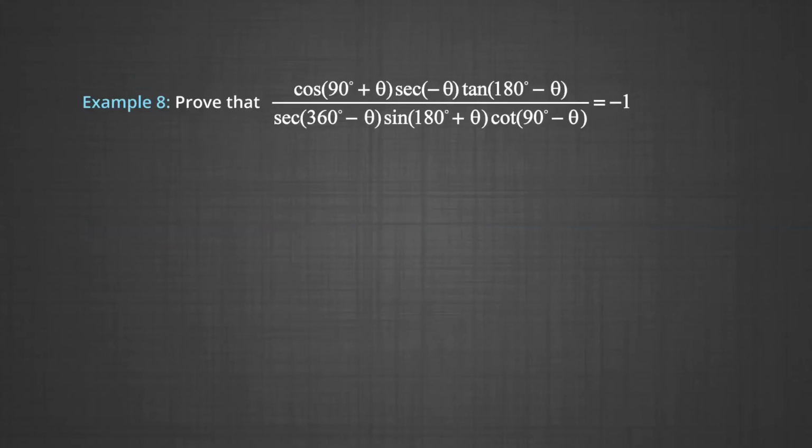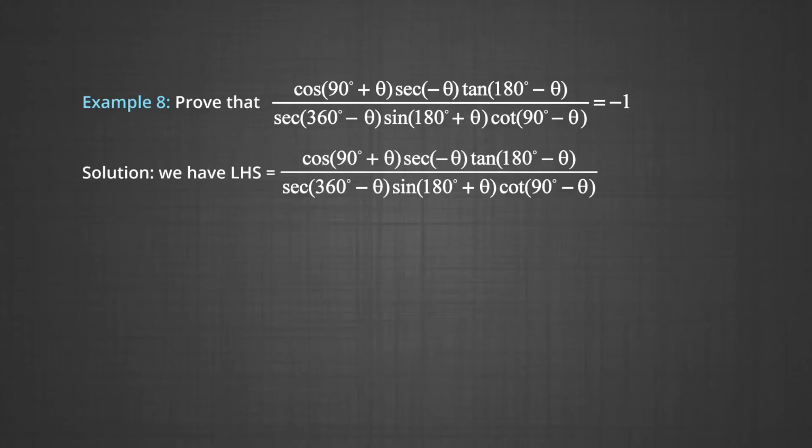In example 8, we have to prove that cos of 90 plus theta sec of minus theta tan of 180 minus theta divided by sec of 360 minus theta sine of 180 plus theta cot of 90 minus theta is equal to minus 1.